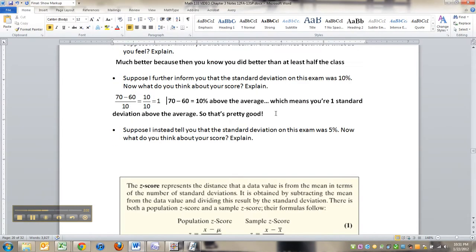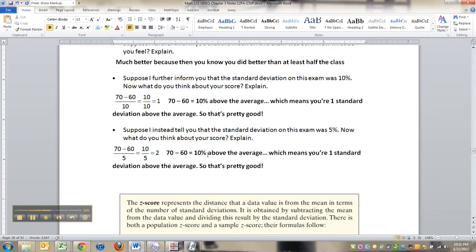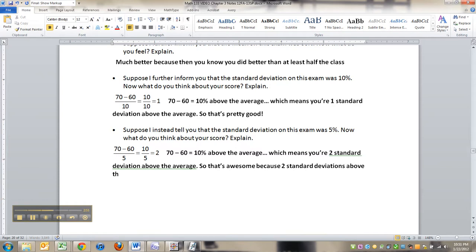But wait, what if it wasn't 10? What if it was 5? Okay, so instead of dividing it by 10, you divide it by 5. That would mean 10 over 5, which is 2. So now you're feeling really good, right? So that's awesome, because 2 standard deviations above the mean is unusually, I'll put it this way.